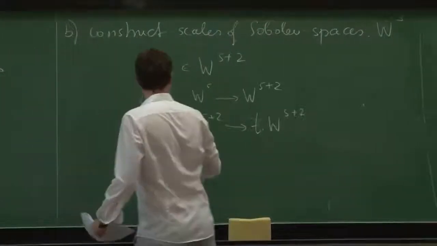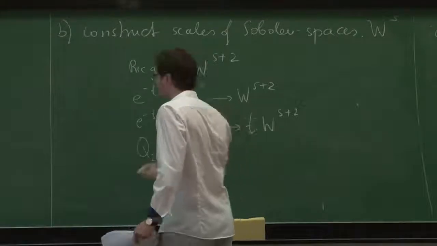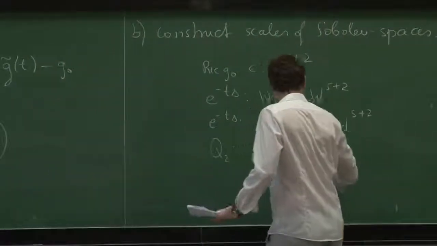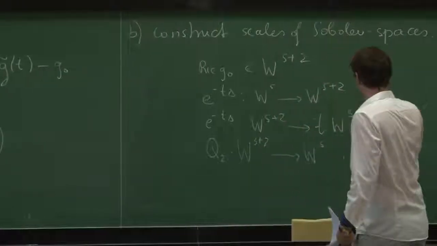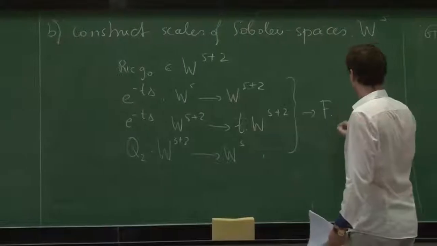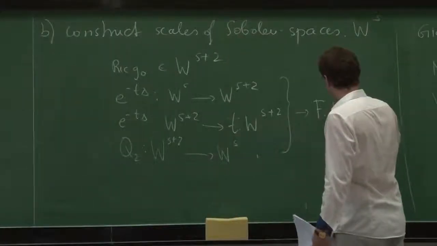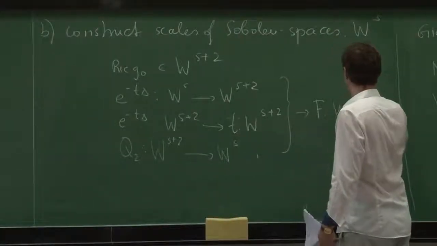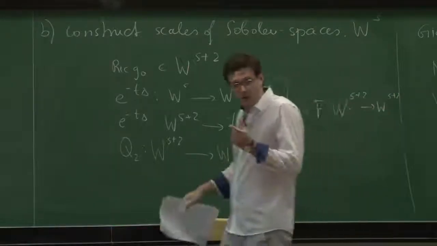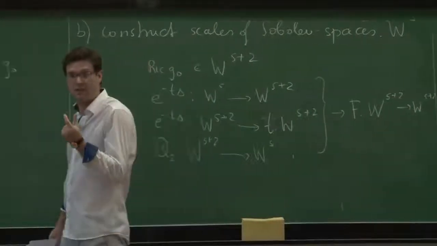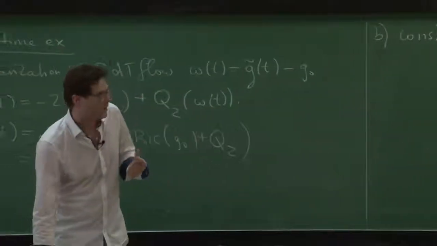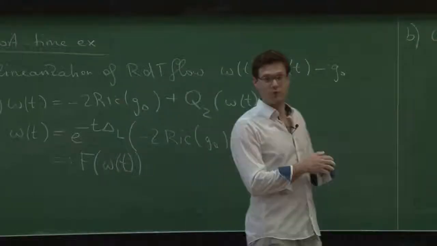And then you also have that your nonlinear term takes something in omega s plus 2. It contains derivatives, and therefore it maps actually to omega s. And from there, you can conclude that F is a map from omega s plus 2 to omega s plus 2, and on a subset which is defined appropriately, you can prove that it's a contraction.